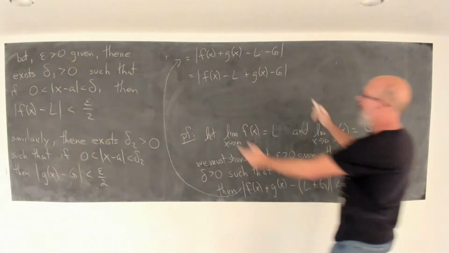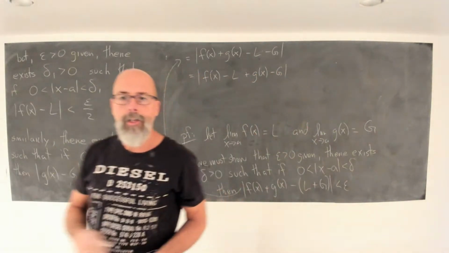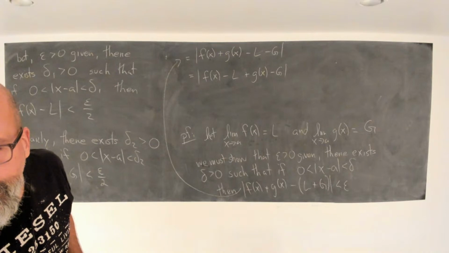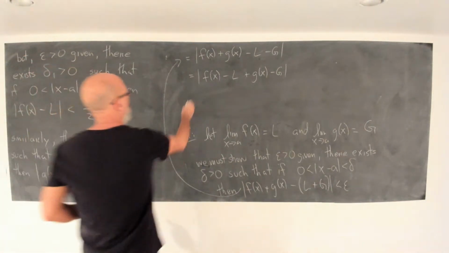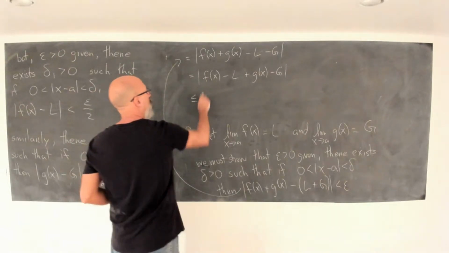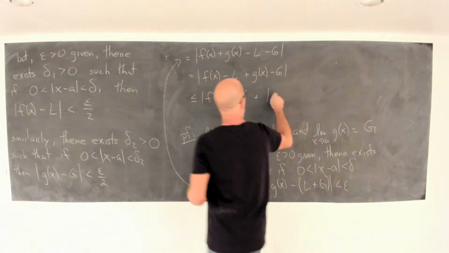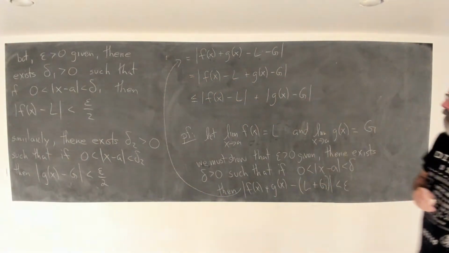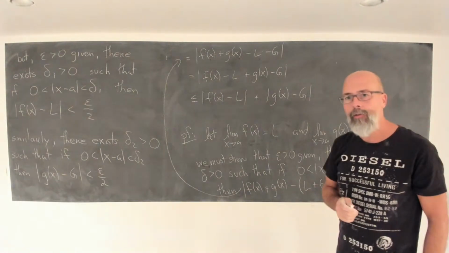Now the absolute value of a sum is less than or equal to the sum of the absolute values. So this is less than or equal to the absolute value of f of x minus L plus the absolute value of g of x minus G. This is known as the triangle inequality.